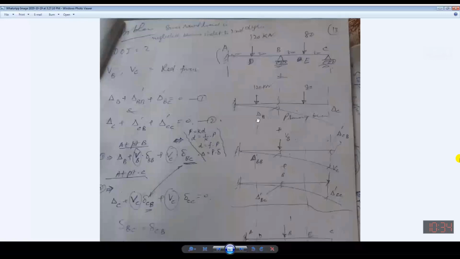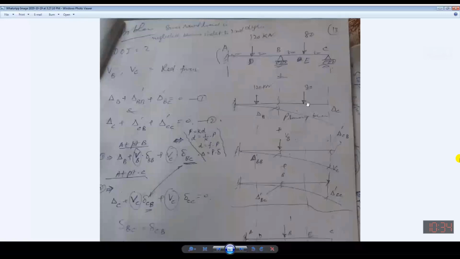VB, the vertical force at point B, and VC, the vertical force at point C, in the form of reactions, have been assumed to be redundant and have been removed, and the rendered structure is determinate and stable. You can see this is a fixed support and this is a cantilever beam.